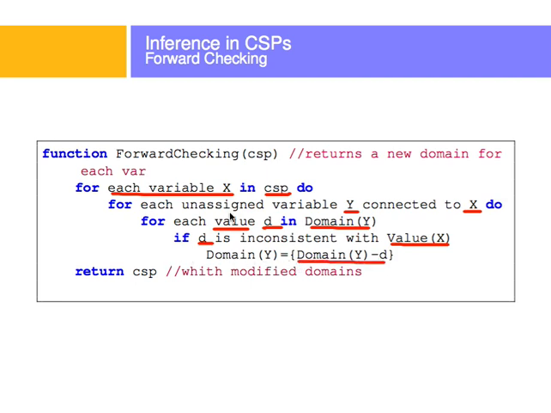I do this for every variable. Every time I do an assignment, I check and reduce the domain of the variables that would be in conflict, and then I return the new CSP with the modified domains.